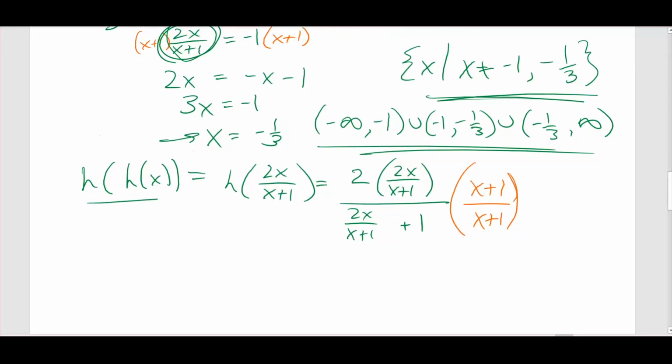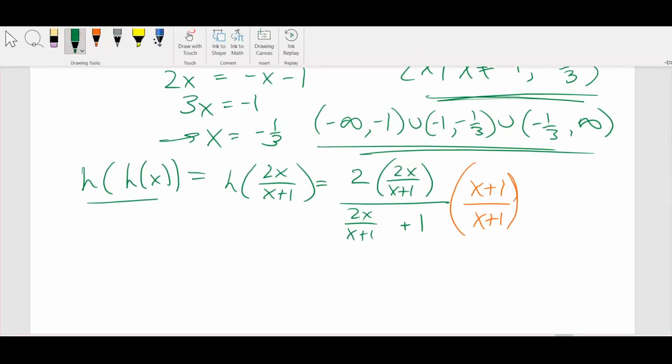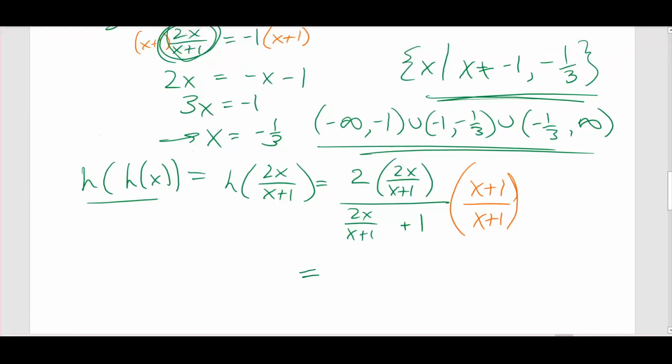All right, now multiplying this through, what's going to happen here? Well, in the numerator, this x plus 1 is going to cancel. In the denominator, it's going to cancel for that term, but not that term. So in the numerator, we got 4x, right? 2 times 2 is 4. And we got that x hanging out.